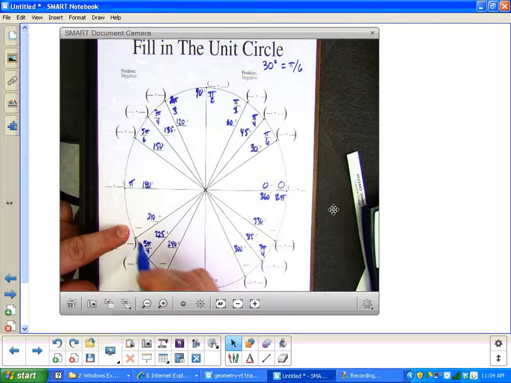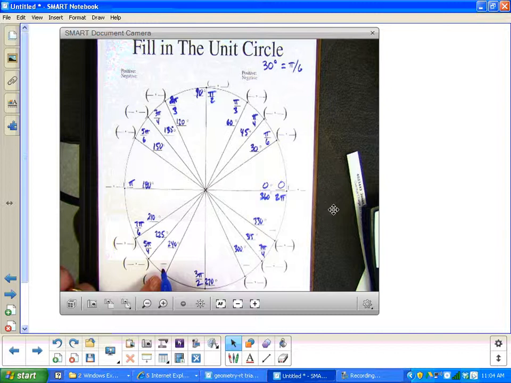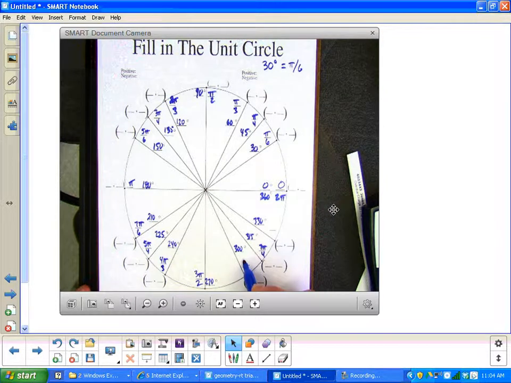This one's going to be 7 pi over 6. And then 8 pi over 6 would be 4 pi over 3. And this one would be 9 pi over 6, which is 3 pi over 2. And then 10 pi over 6 would be 5 pi over 3.